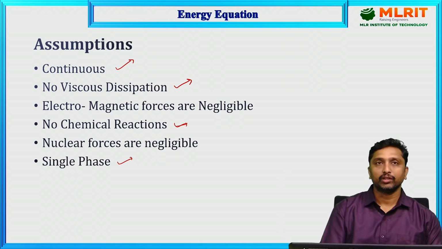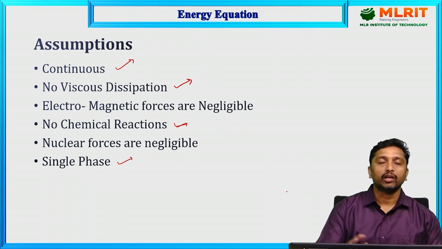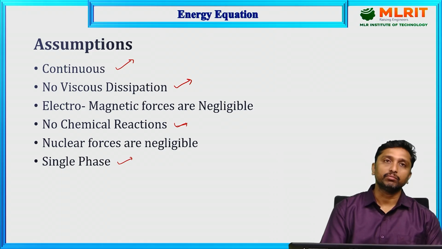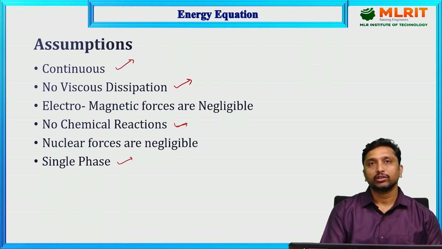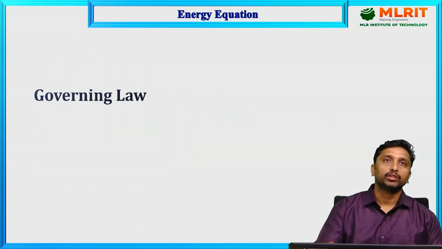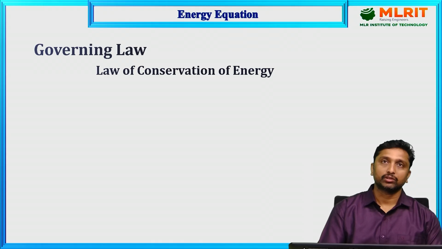That is, if it is water, it has to be considered as water throughout the derivation, and if it is air, it has to be air. So it can't be air and water vapor in a single system. It has to be a single phase system where, due to change in phase, the energy may not be varied.